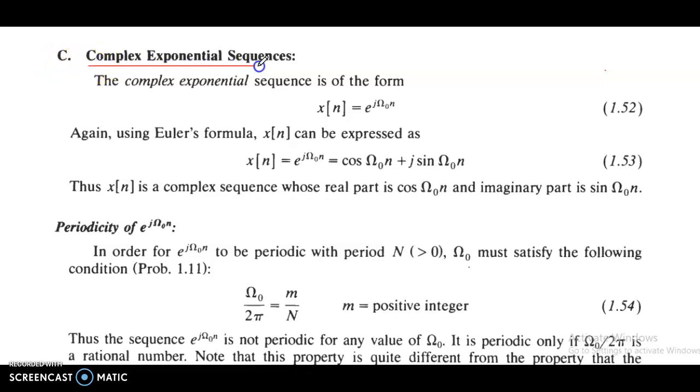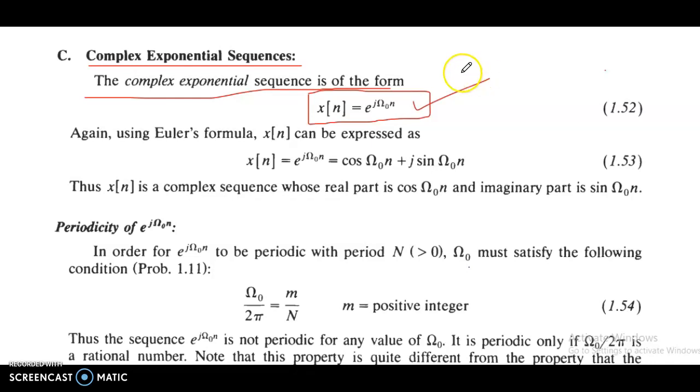Complex exponential sequences are of the form x(n) = e^(jω₀n).